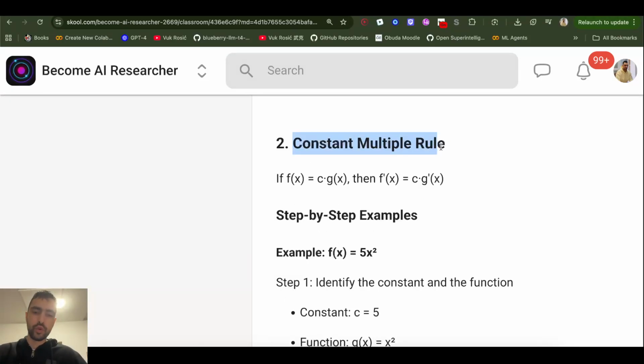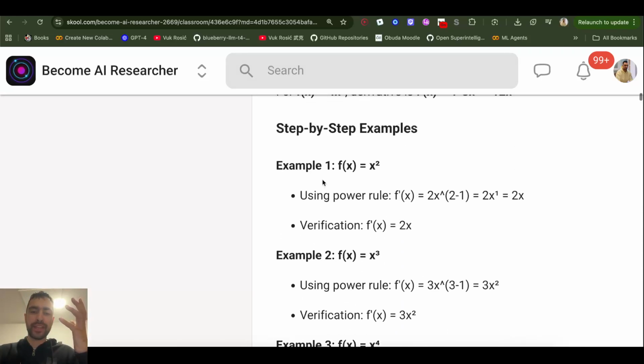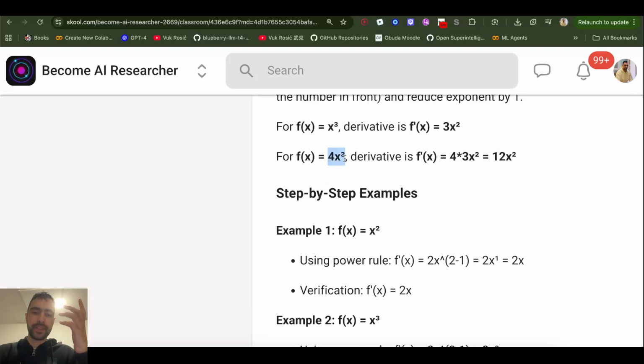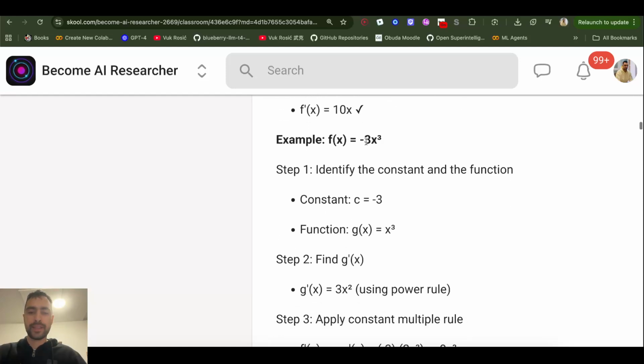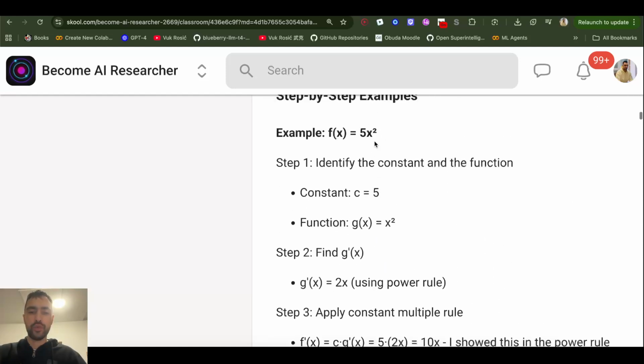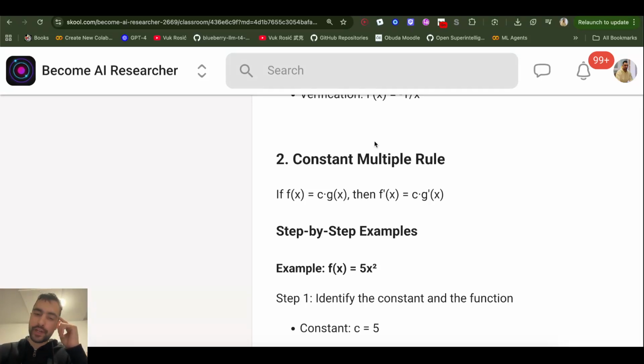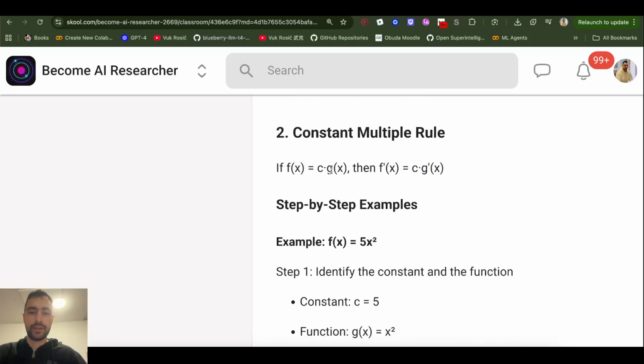So the constant multiple rule, I actually already explained. If you have some constant, some number, up here we had the number 4 times this. The derivative of this, it remains 4 times whatever you do, and then you find the derivative of the other thing. So the constant remains, the number remains, and then you find the derivative of the rest of the function.